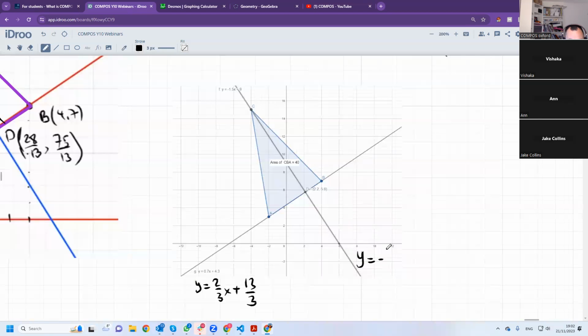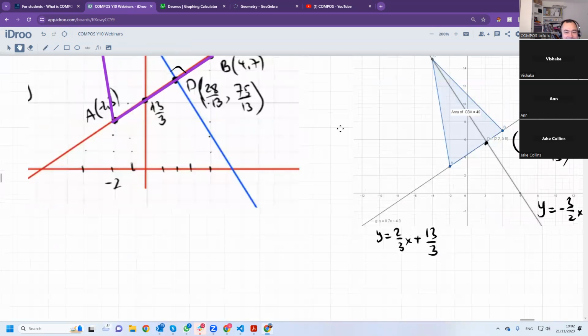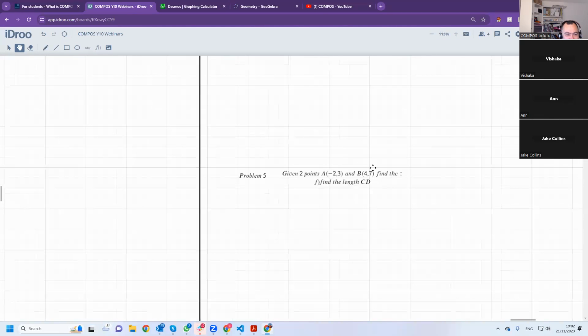This is y equals minus 3 over 2x plus 9. This point is 28/13, 75/13. And the area is 40. Yay. Exciting when everything is right.